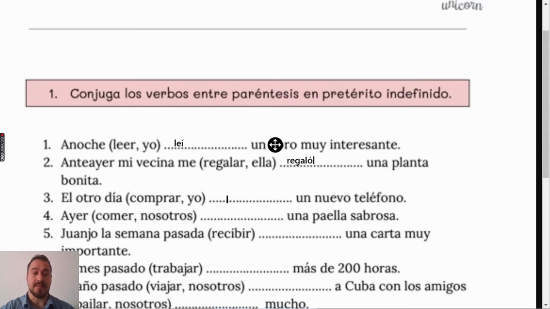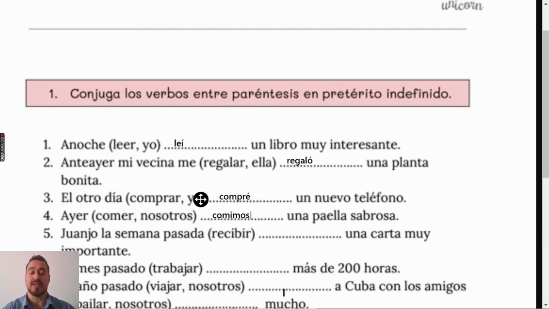Una planta bonita. 3. El otro día compré, I bought un nuevo teléfono. So the other day I bought a new phone. This should be the other way around. It should be un teléfono nuevo, but it's alright. Ayer comimos una paella sabrosa.